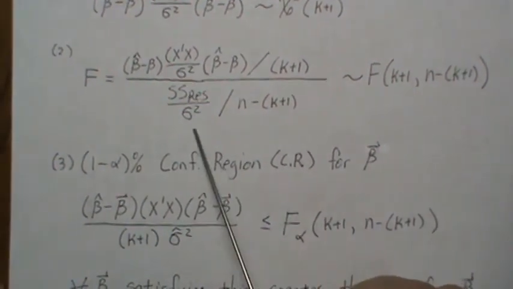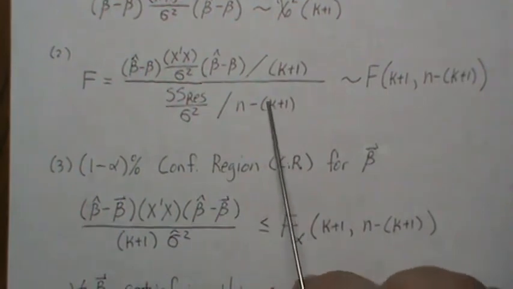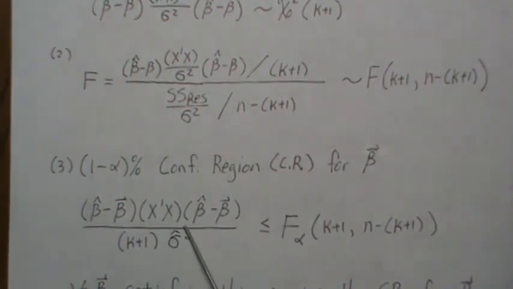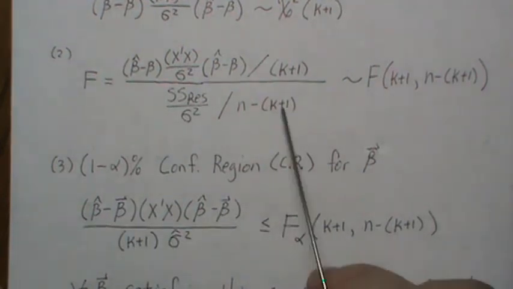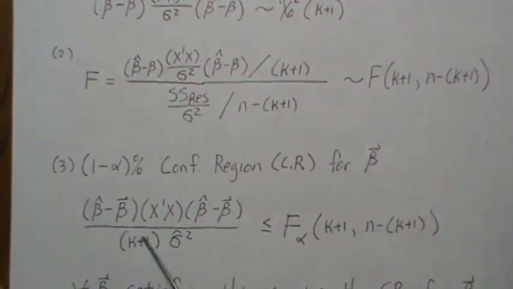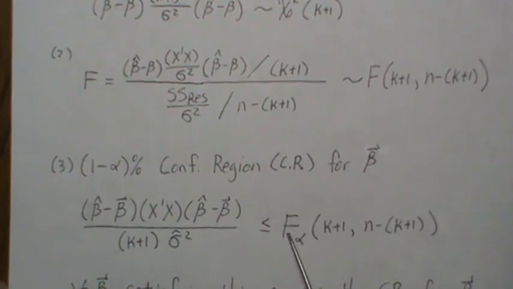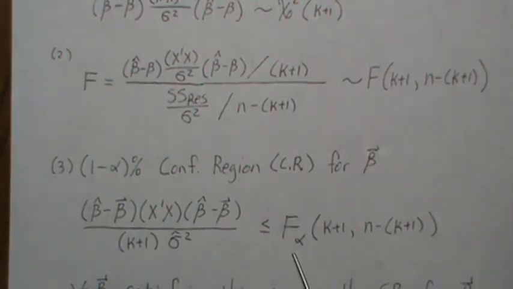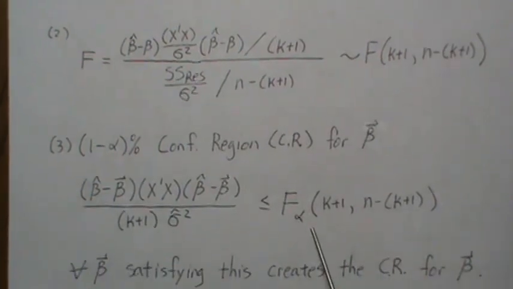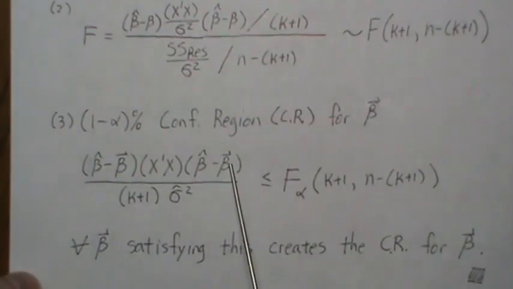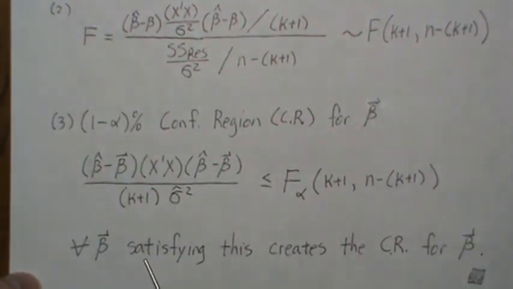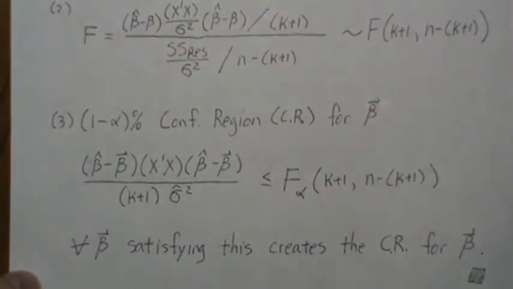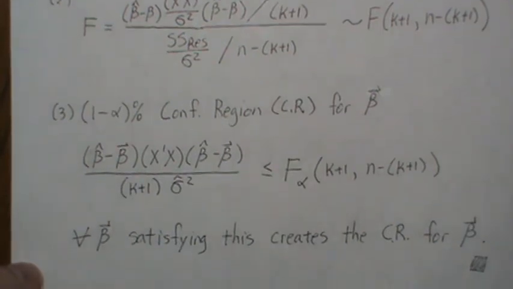The sigma squareds cancel. Sum of squares residual divided by this is what we were calling the mean square error, or our unbiased estimate of our error variance. Of course, the k plus 1 comes down. If we let this be less than an F alpha cutoff level, then the probability of being less than that is 1 minus alpha. So all the betas that satisfy this create a confidence region for beta.